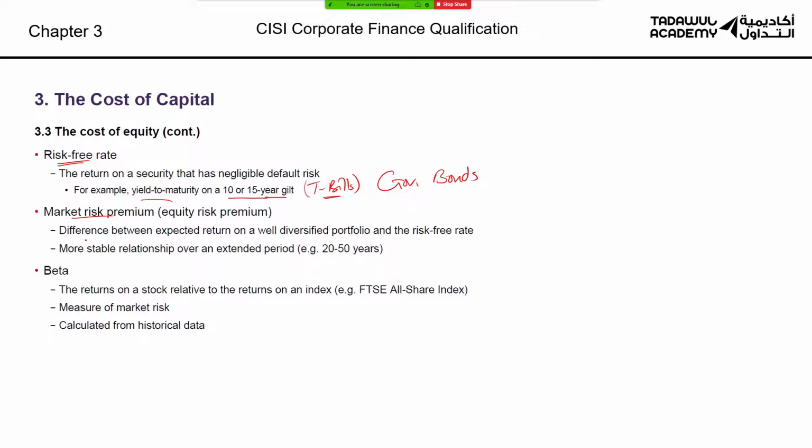Market risk premium is the difference between the expected return on a well-diversified portfolio, the return on the market, and the risk-free rate. The beta is the measure of market risk, calculated based on historical data. So just a quick reminder, standard deviation is a calculation of risk compared to yourself as a stock, to your own average. Beta is a calculation of risk compared to the market.